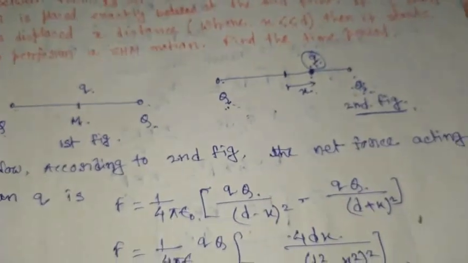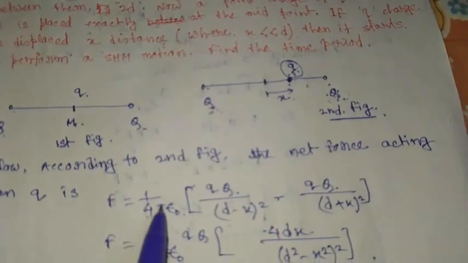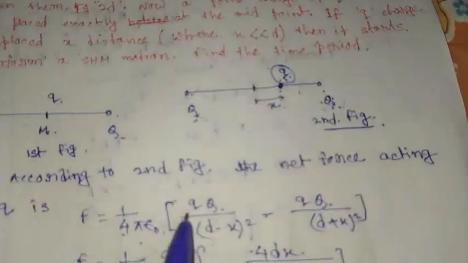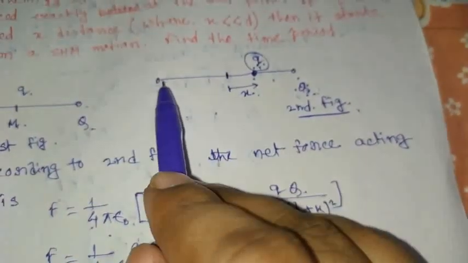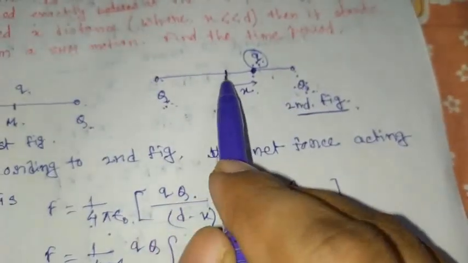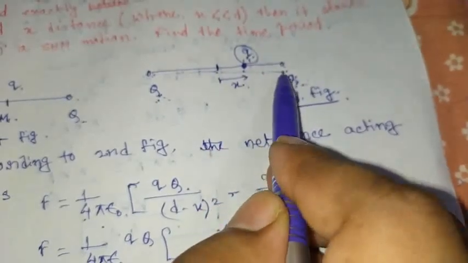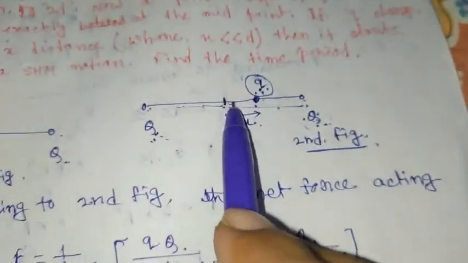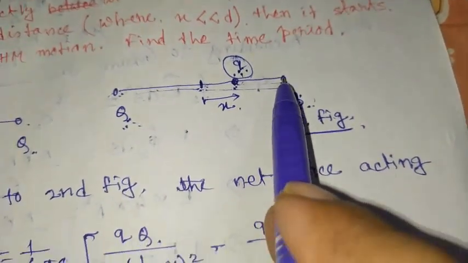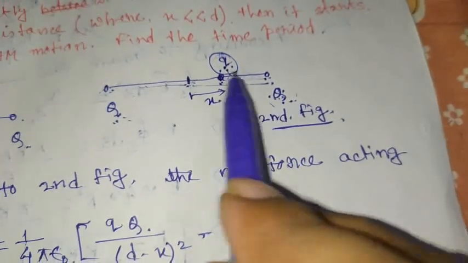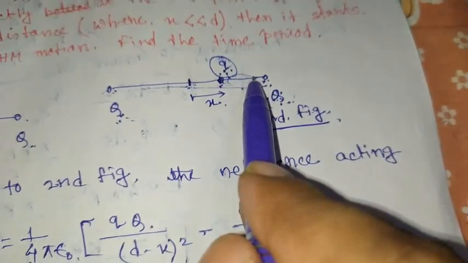According to the second figure, the net force acting on q is F, according to Coulomb's law, 1 by 4 pi epsilon naught times Qq by r squared. The distance is 2d, and q is exactly at the midpoint, so one distance is d and the other is d, and if q moves x distance, this distance becomes d minus x. So the force between these two charges depends on the distance d minus x.